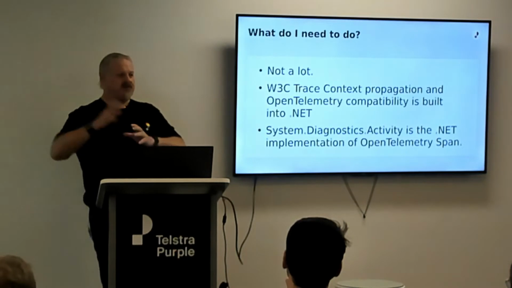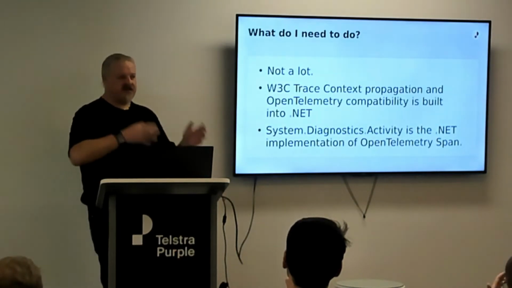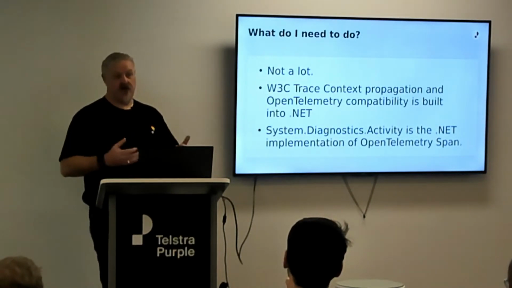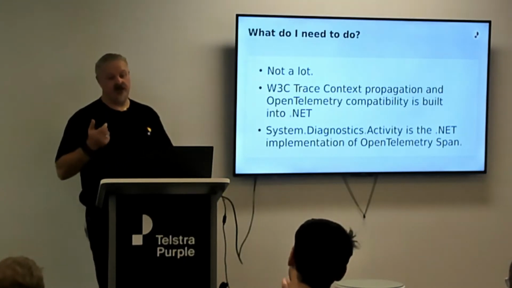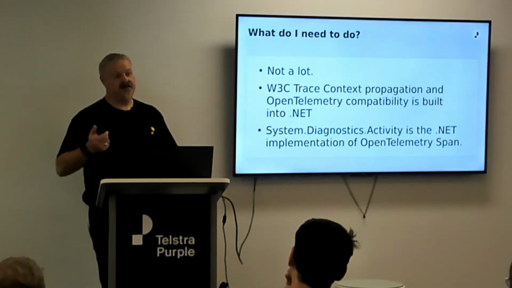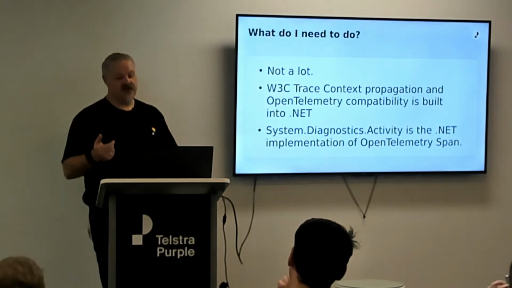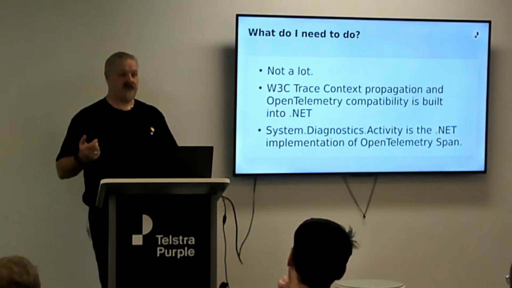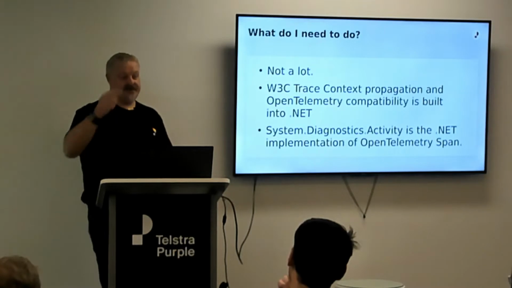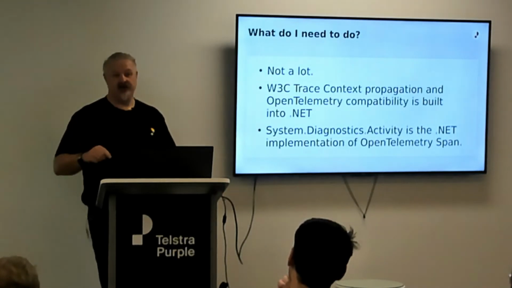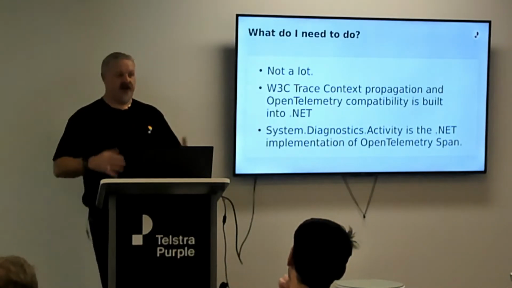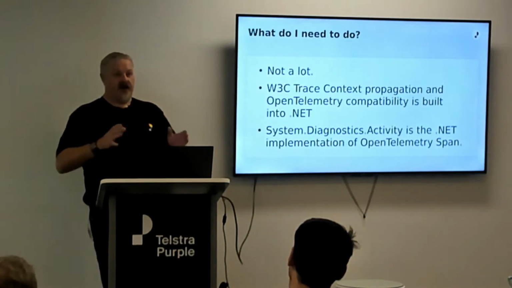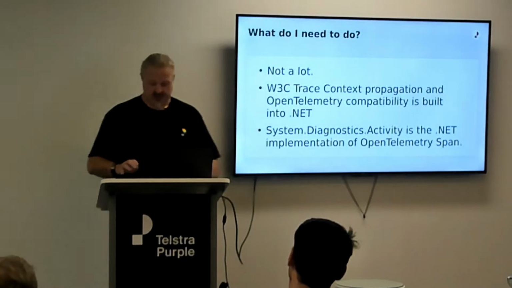And not just like Microsoft extensions or something like that. System.Diagnostics is a pretty core low-level library. The Activity class in there has had its internals reworked, so it is an implementation of the OpenTelemetry span. So this is baked in down into the core of .NET. Anything you've written from .NET 5 or .NET 6, or if you upgrade, you already have this built in.